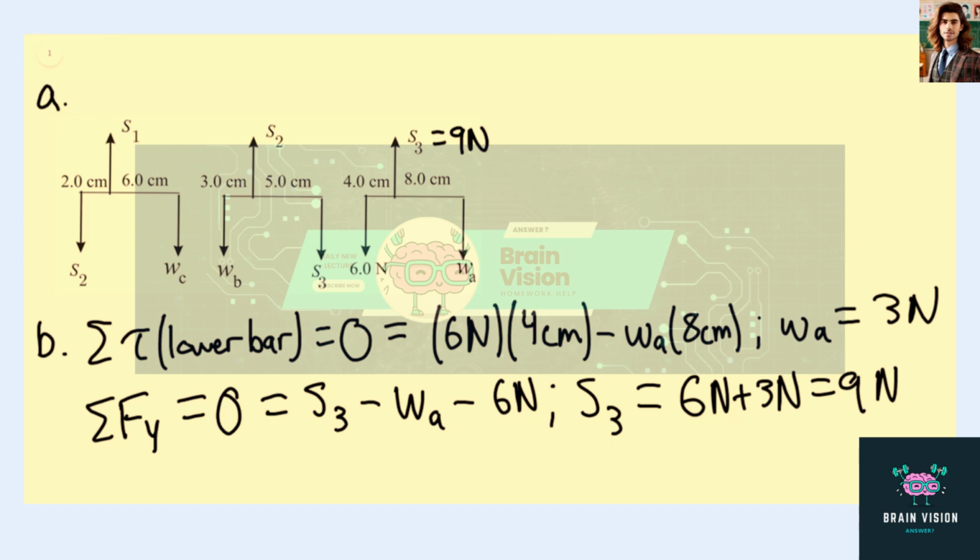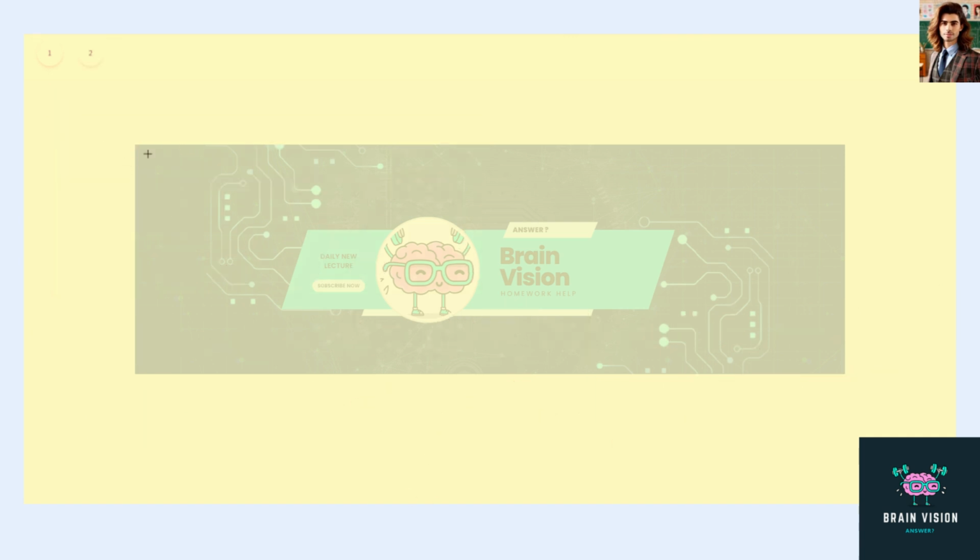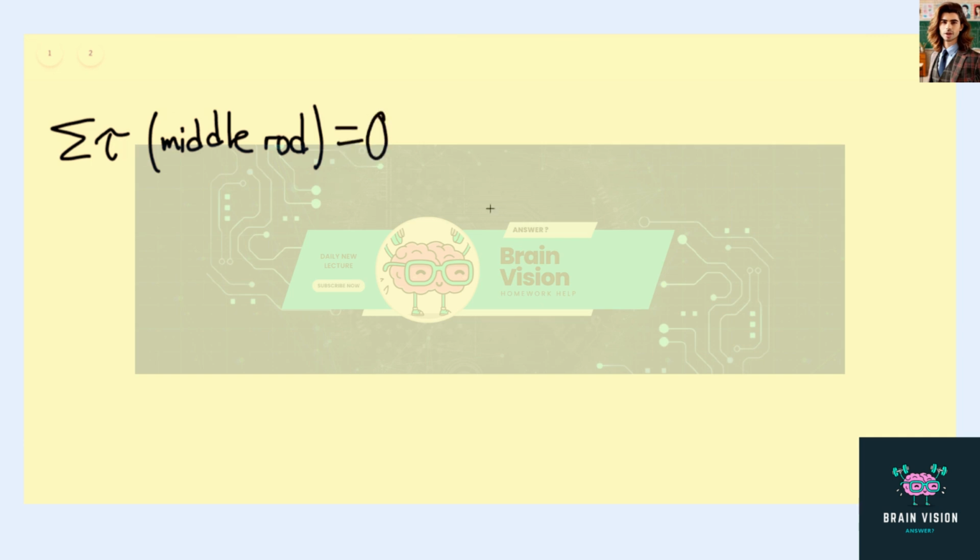And then let's go for the middle rod. So the sum of torques in the middle rod is going to be, again, 0. This would be equal to S sub 3 times 5 centimeters minus W sub B times 3 centimeters.